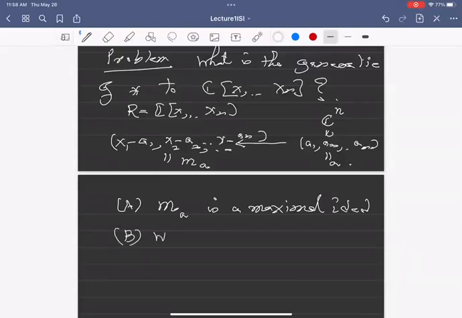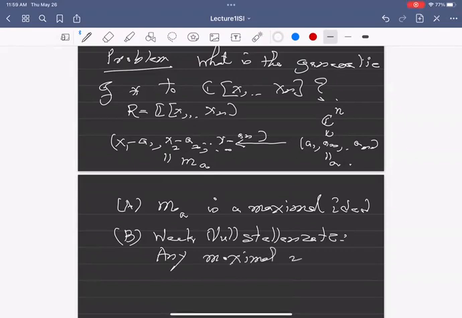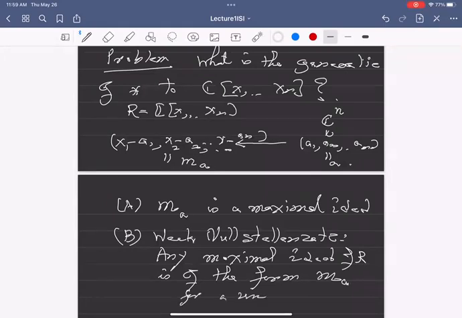Part B, which is called the weak Nullstellensatz, says that any maximal ideal of R is of the form MA for a unique point A in Cn.